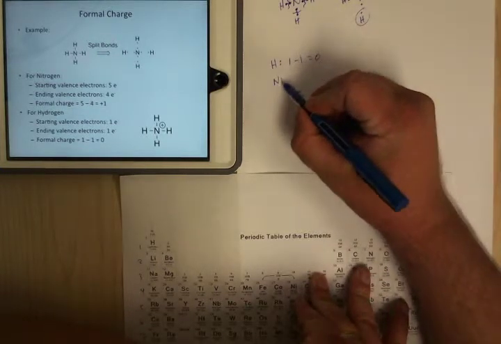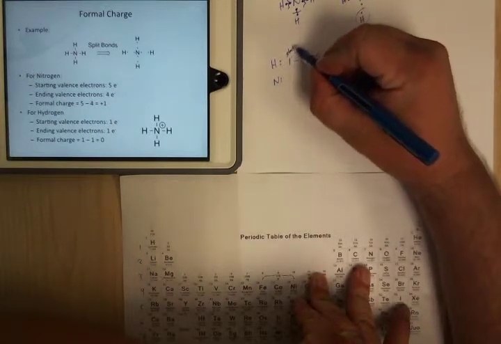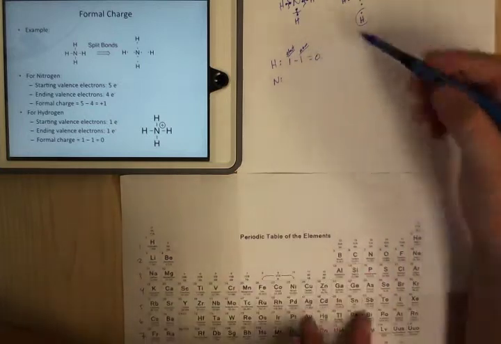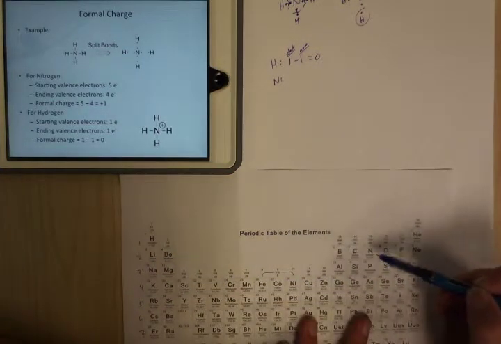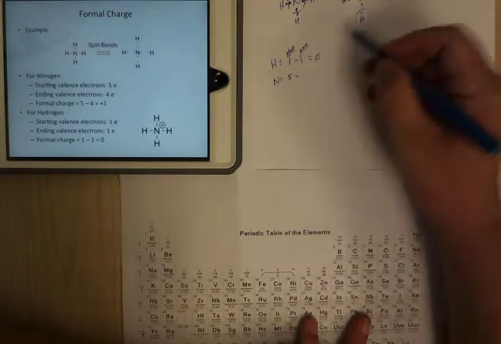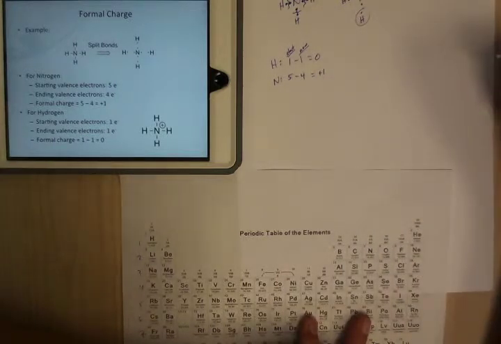But for nitrogen, how many does it have now, and how many does it start with? Nitrogen has 1, 2, 3, 4, 5 valence electrons. How many does it have now? 1, 2, 3, 4. So the overall formal charge is positive 1.